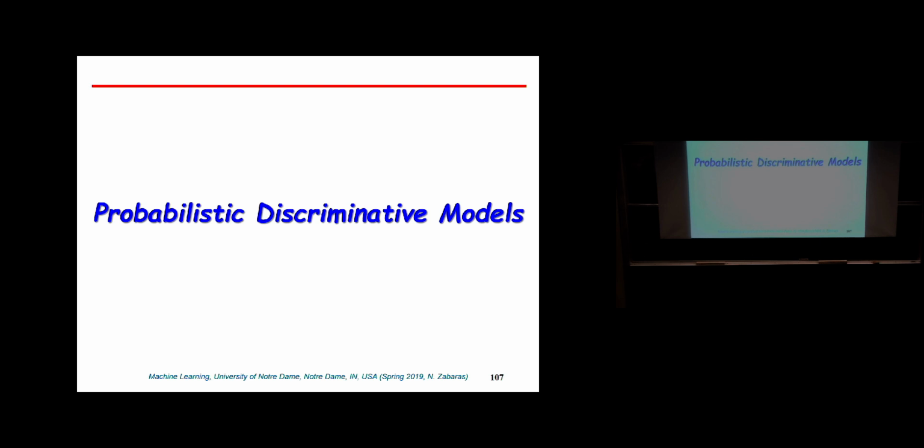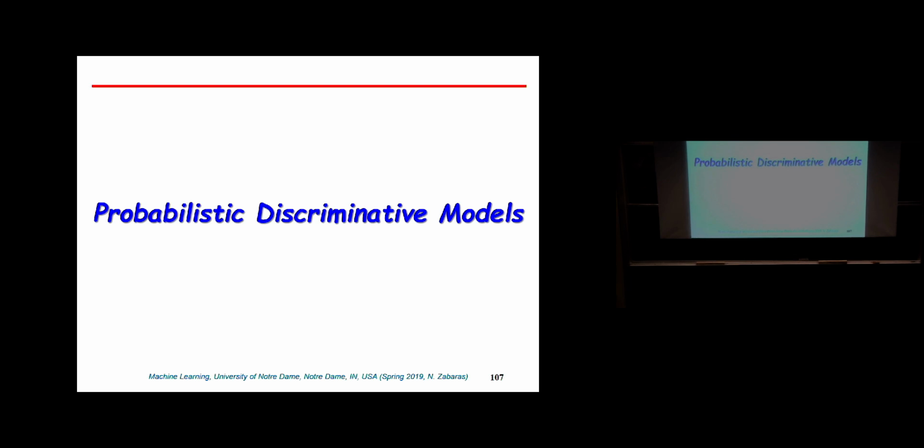So if you remember, most of the models we discussed were generative, which means we started with conditional class probabilities, and we considered Gaussian, Bernoulli, and I also hinted that things can work for any distribution from the exponential family.